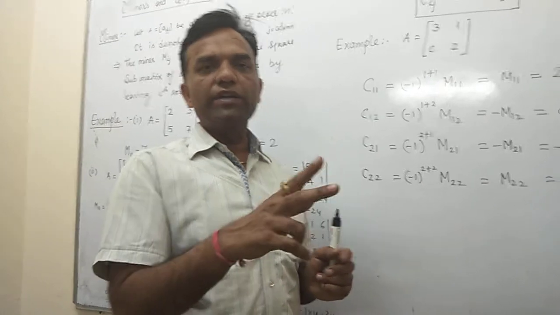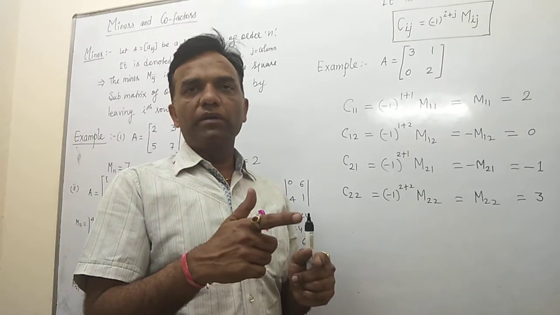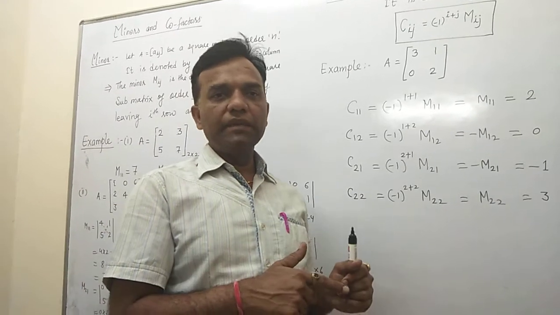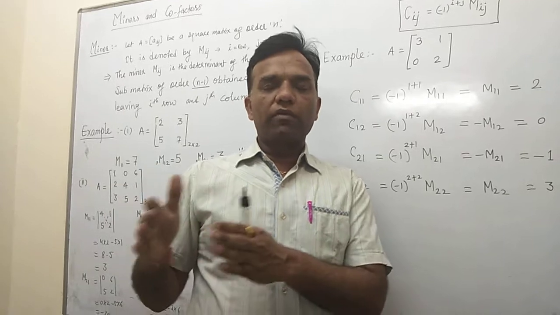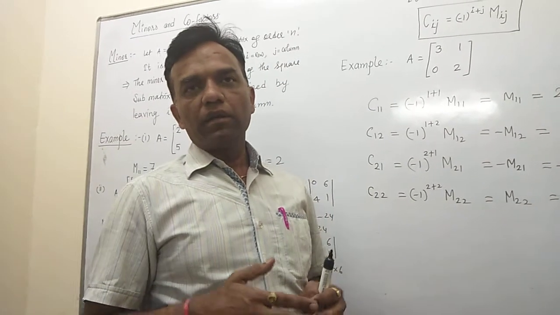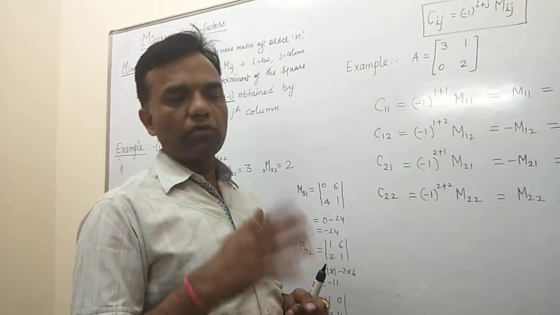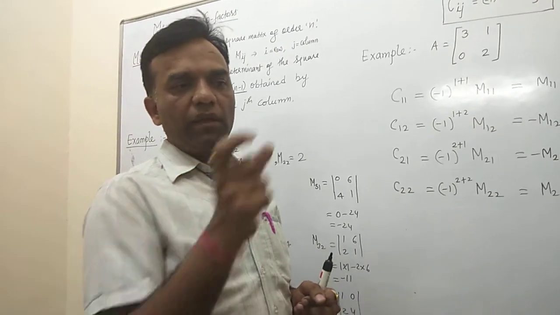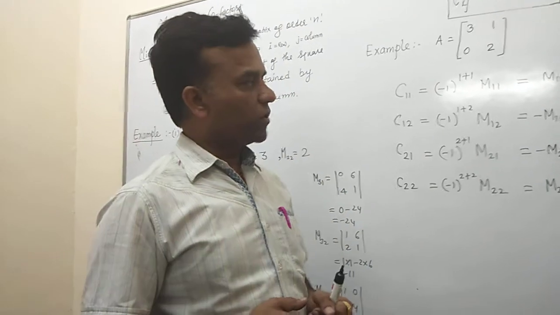The second value is 1 2, and 1 plus 2 is 3, an odd number. An odd number has the minus sign, so you put minus there. Similarly, 1 3 is again even, so you put a positive sign there. So we put the solution of the determinant: the first value is positive, the second negative, and the third again positive, depending on the place value.